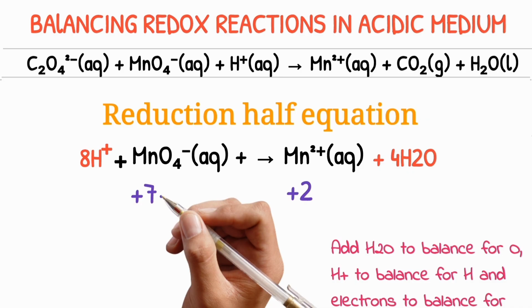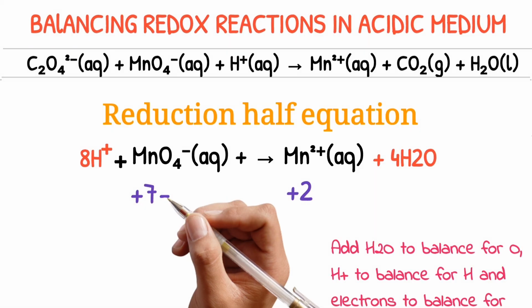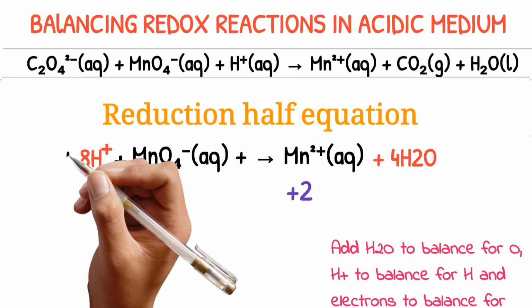Look, we cannot add 5 electrons to the side of the +2. If we add 5 electrons, it's going to take us to -3, which is not equal to +7. But if we add -5 this way, it's going to give us a charge of +2, making the charges equal.